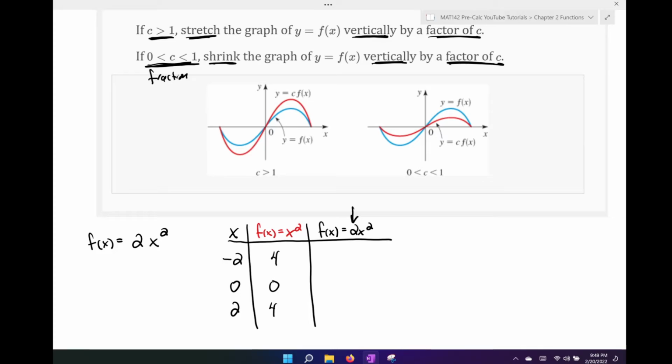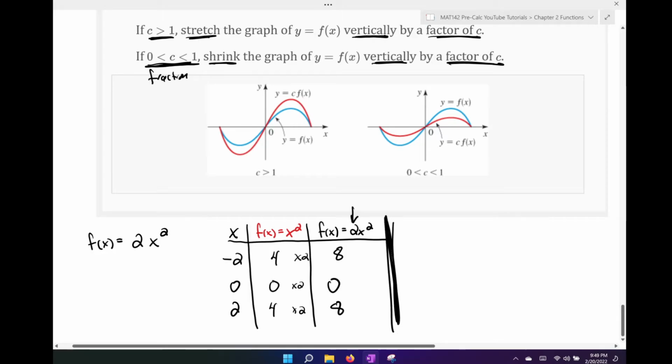So we're stretching that graph. So we have -2 squared, which is going to be positive 4, and then 4 times 2 is 8. Here we still have 0, and then we have 8 again. So notice times 2, times 2, times 2, we're stretching this graph vertically by a factor of 2. All right?